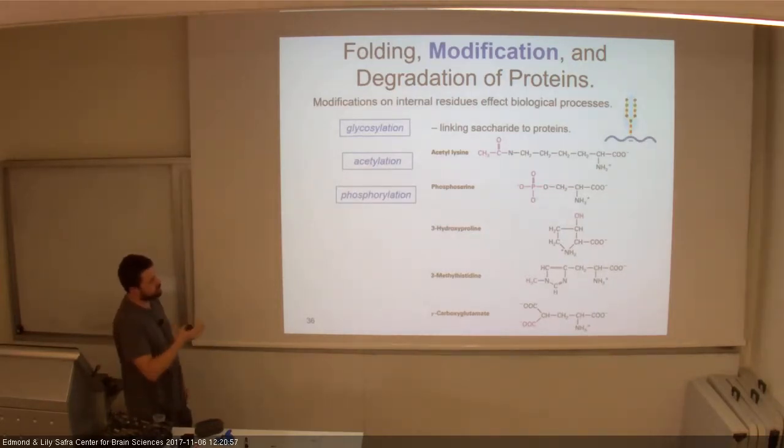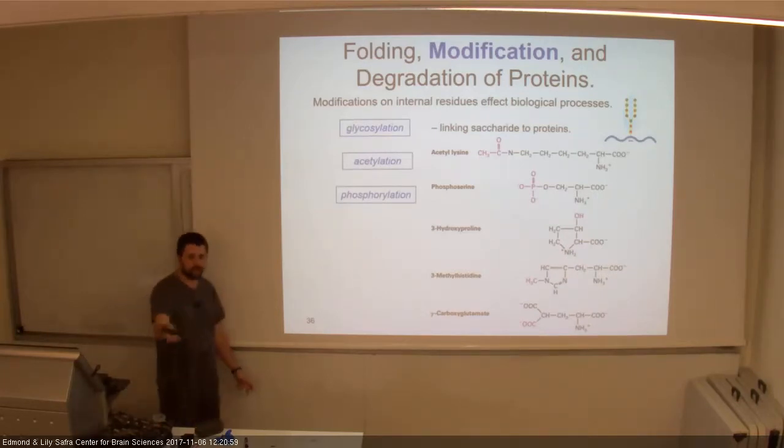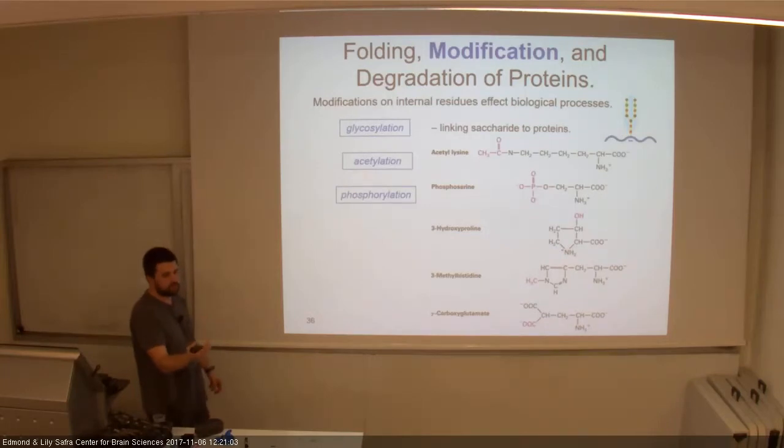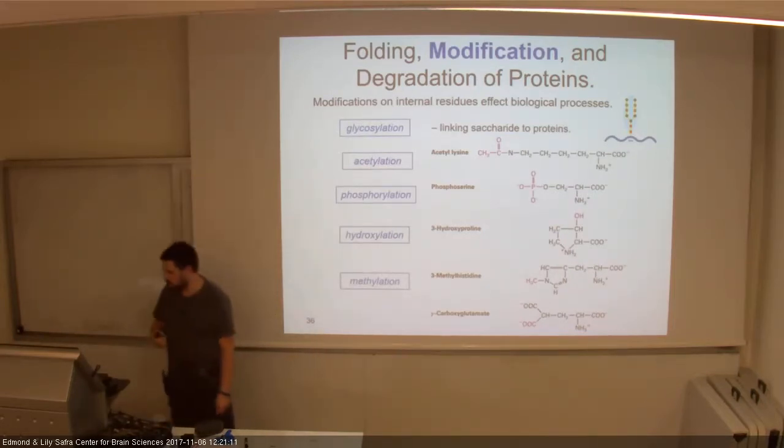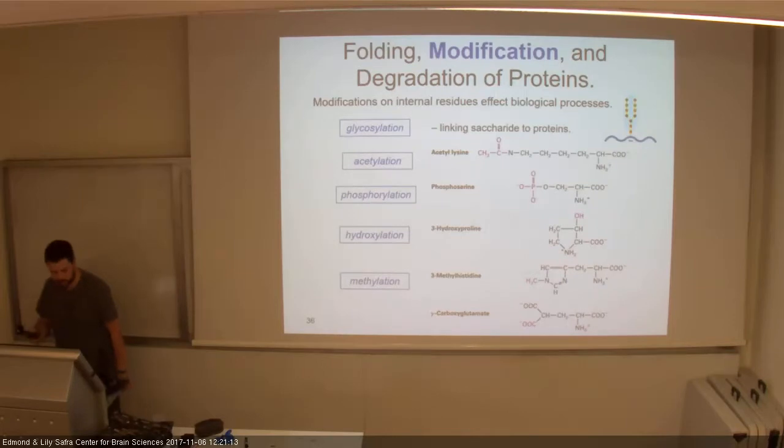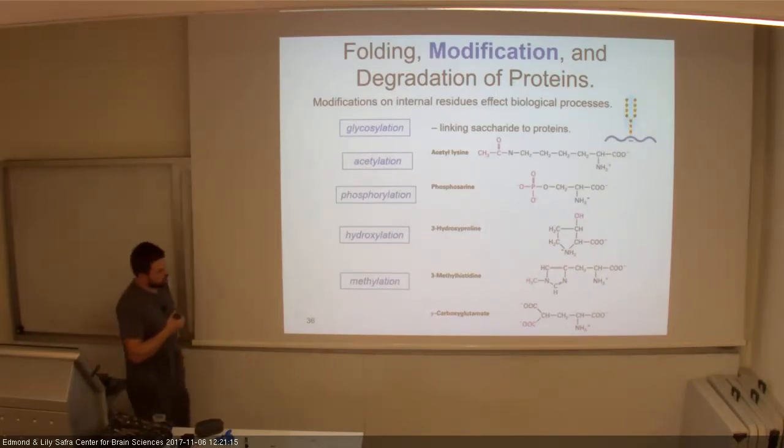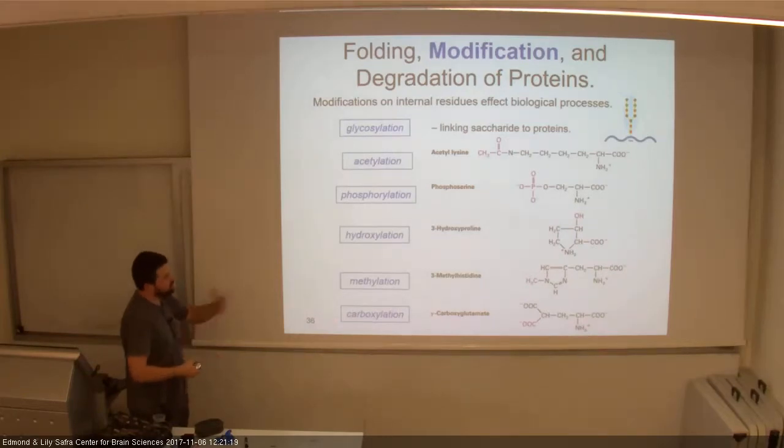Like I showed you in the example of ATP, the phosphate group passes from the ATP to the protein, and it charges it with energy. So this is phosphorylation. Hydroxylation, where you have an OH group. Methylation is a very famous modification also that has a lot of cellular functions. And carboxylation, and so on and so forth.